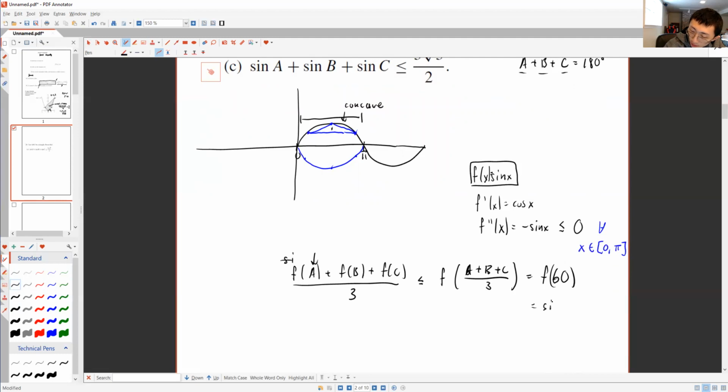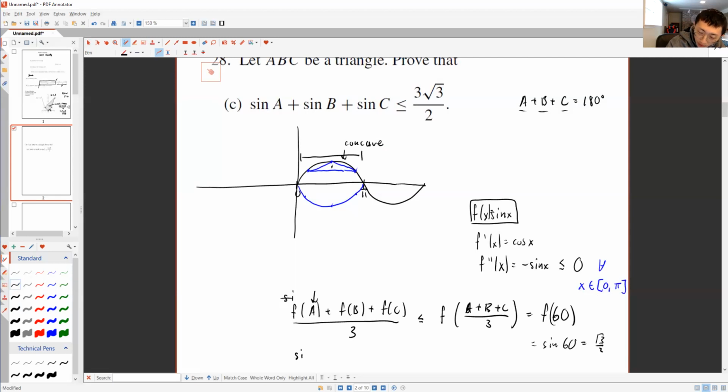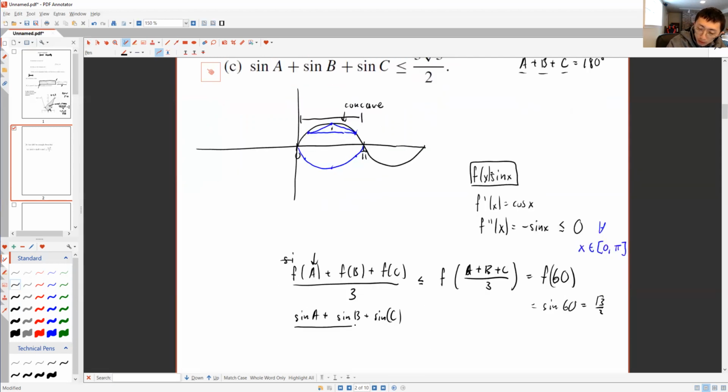So sine of 60 degrees is root 3 over 2. And the left-hand side says sine of a plus sine of b plus sine of c, all over 3, is less than or equal to this term.